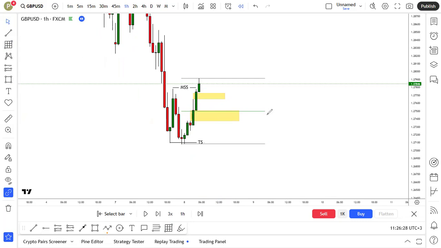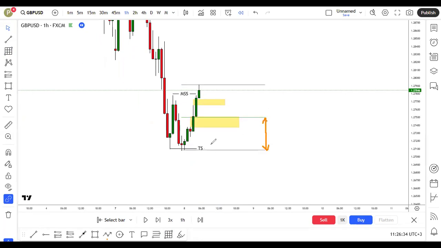Okay, that's our discount level. Any fair value gap or order block somewhere here is good for us to look for buys. This is 50% and this is 100% of our range, and this is 0%. So from 0 to 50, that's our discount. From 50 to 100, that's our premium level.